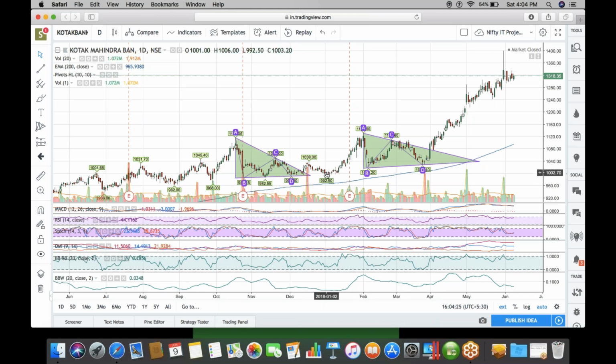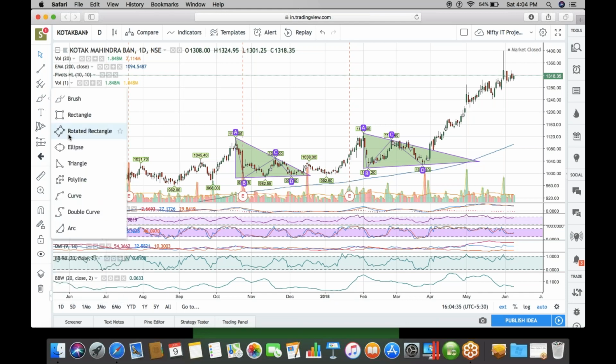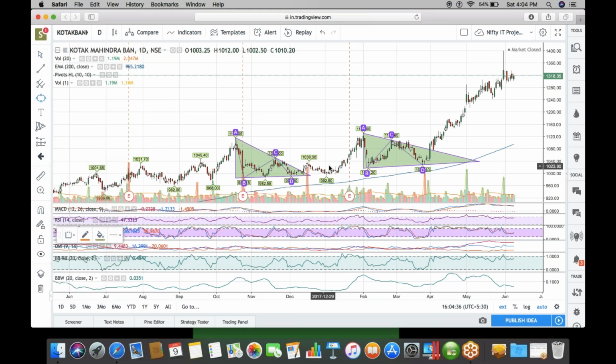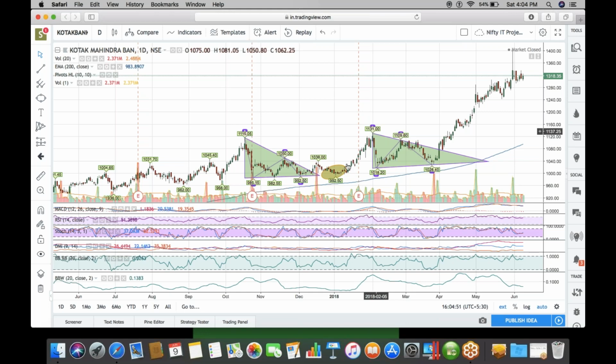Say for example, we position ourselves somewhere here, and then this price moves on. So when this price moves to 11,131, we make a profit and we book out here.